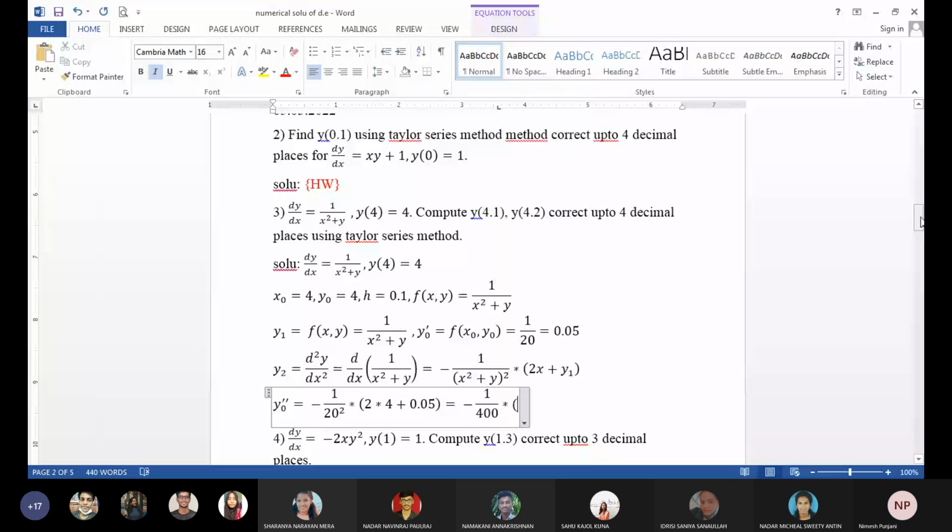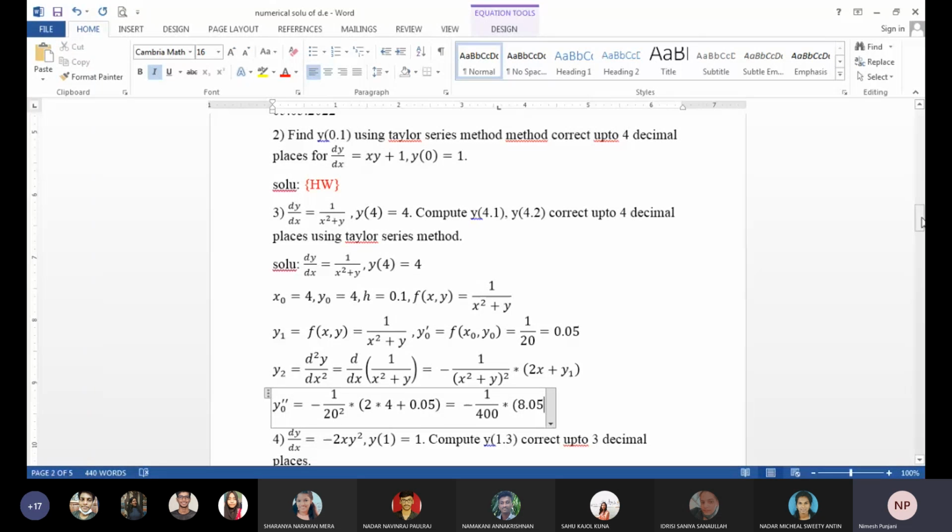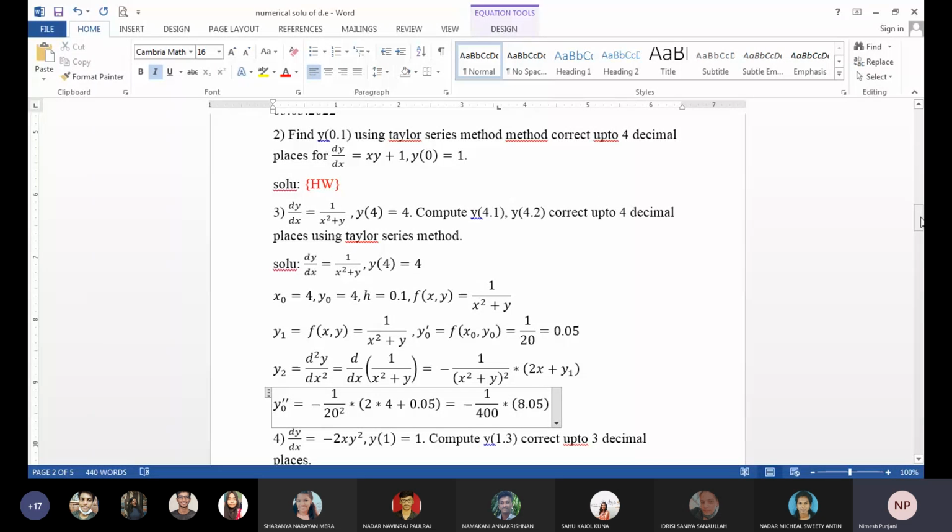-1 divided by 400 multiplied with 8.05. This turns out to how much? Minus 0.0201.